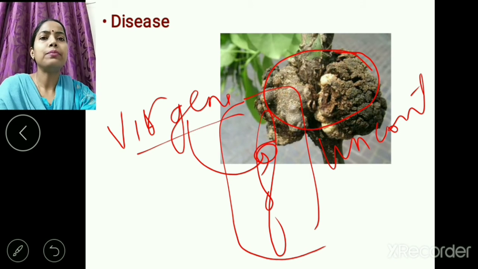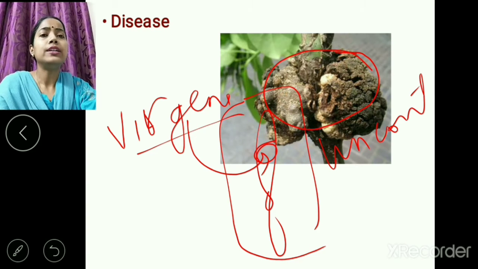That's why the disease is called crown gall disease. So the highlighting point about crown gall disease is the mass of cells that results due to uncontrolled division. It is a sort of cancerous disease caused by this bacteria in the plant cell.